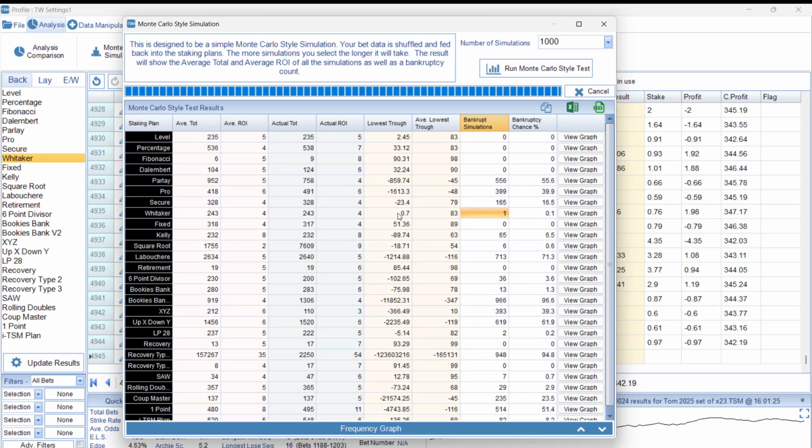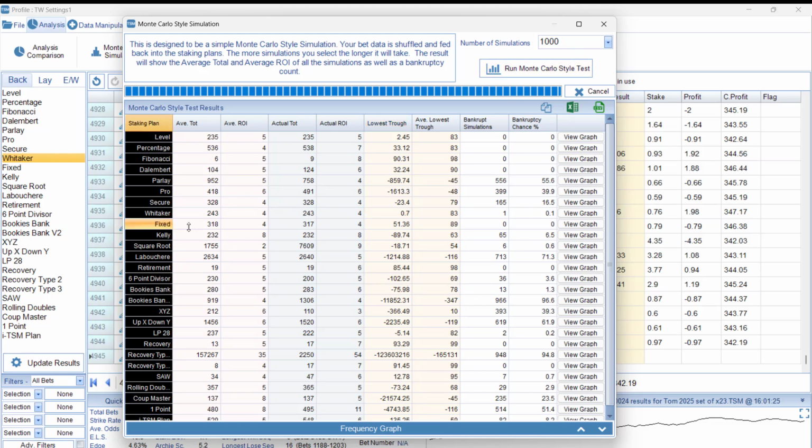And the stake it needed for its next bet, maybe 1 unit, would take it under 0 and make it a minus. That's why this is counted as one bankrupt simulation, because by placing the stake for the next bet when the bank is at this level, it went briefly into the negative. So it just survived with 1,000 shuffles.